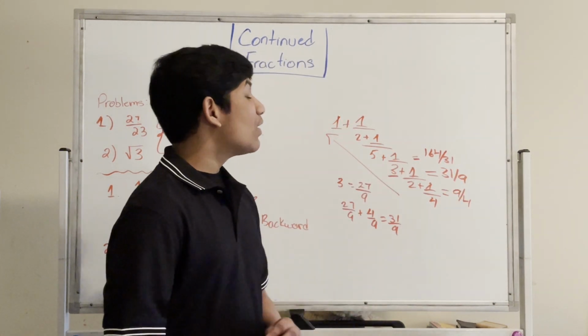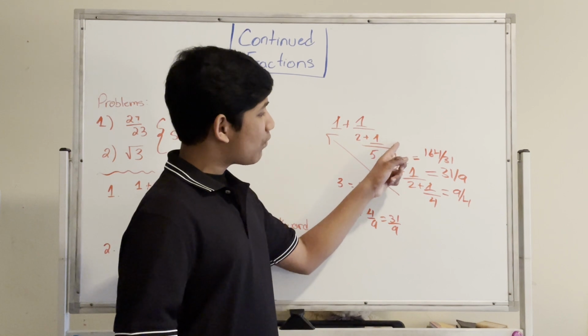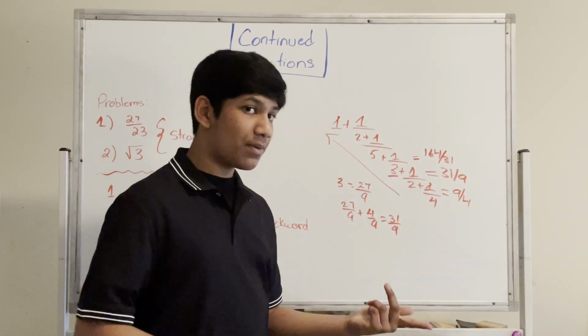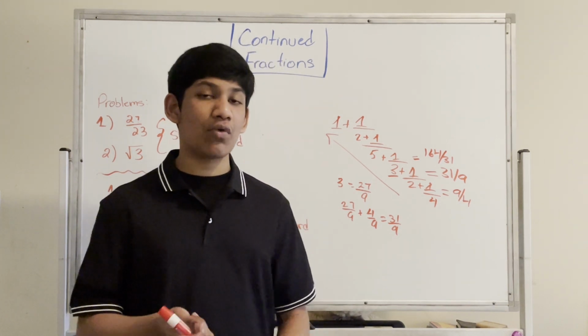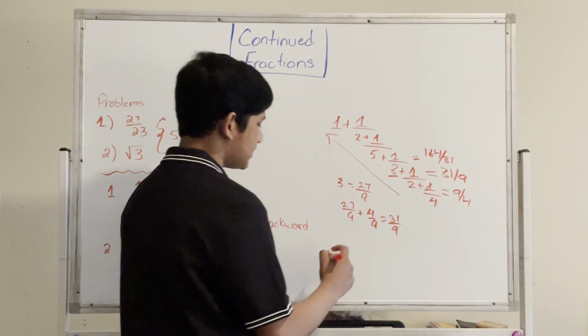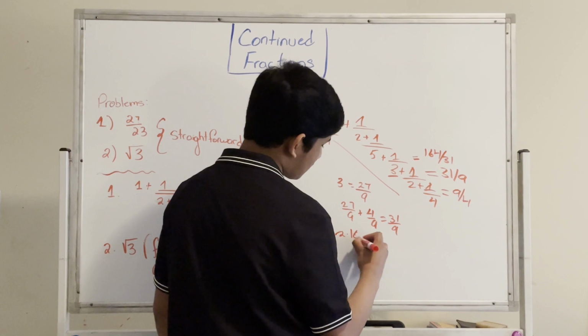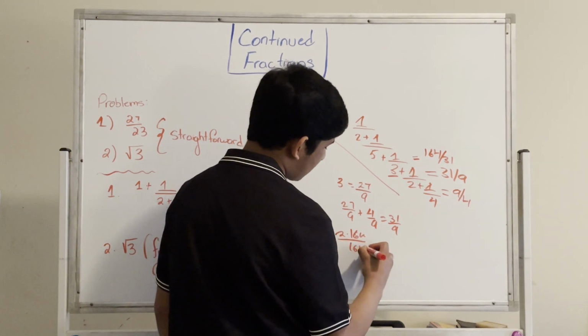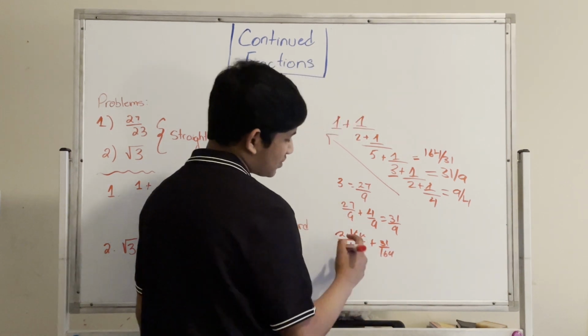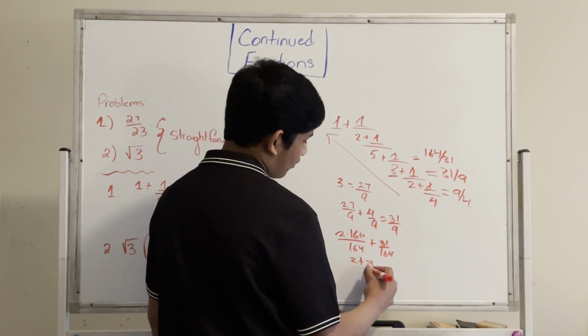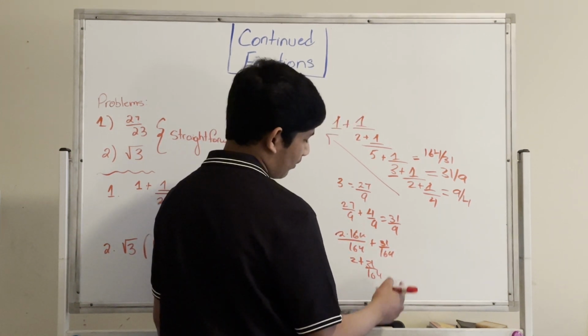Now we're going to take this over here. So we have 164 over 31, take the reciprocal, that's 31 over 164, plus 2 times 164 over 164. Now the reason for doing so is 2 times 164 over 164 plus 31 over 164 is just the same as 2 plus 31 over 164, which is the same thing.